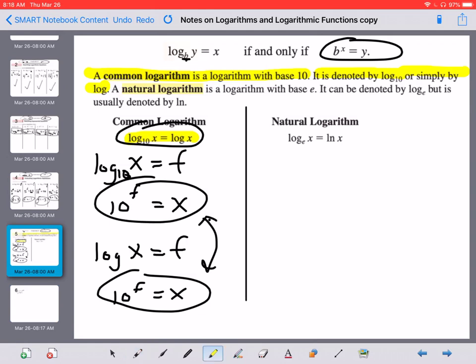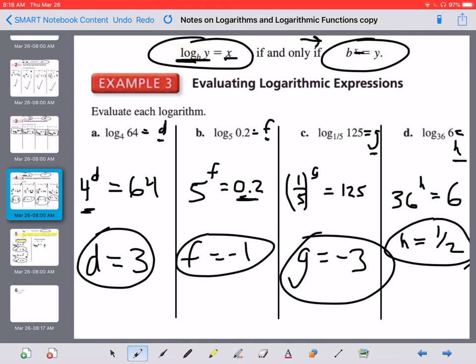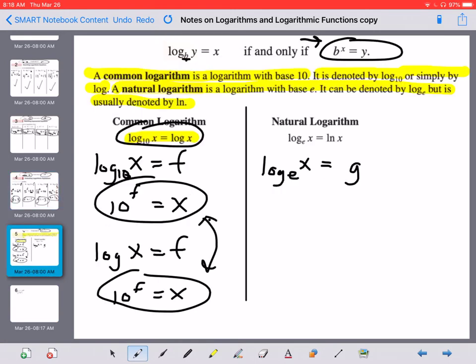Moving on, a natural logarithm is a logarithm using base e, and it can be denoted by log base e, but is usually denoted by ln, okay? So log base e of x equals, let's just call it g, okay? And once again, I'm basically going to rewrite this. Sorry about that.